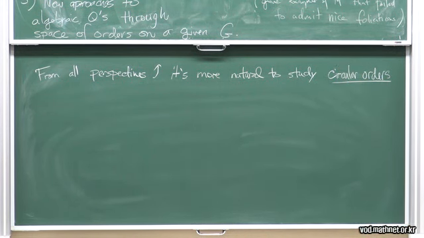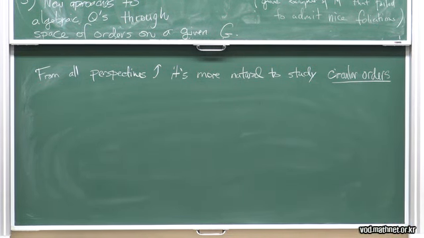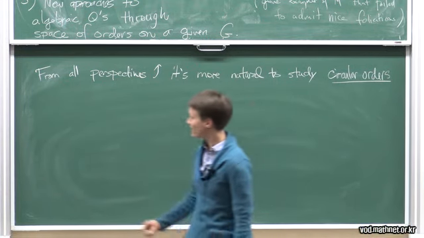From the groups acting on one-manifolds perspective, you might guess that if this is like a linear order on the line, the circular one is about the circle. But before I get into that, I should just define what a circular order is. Okay.